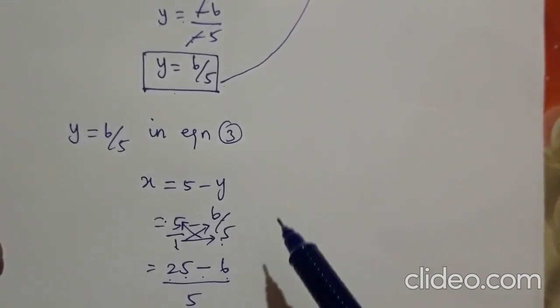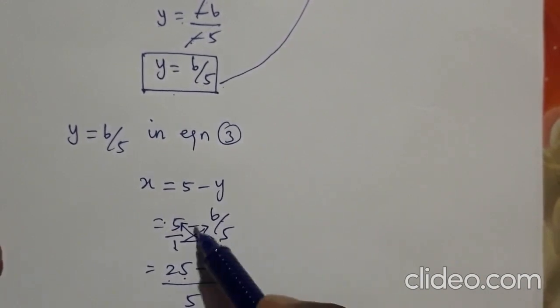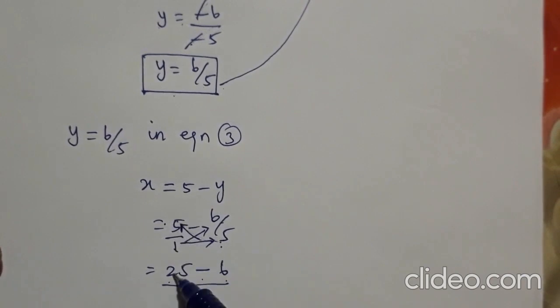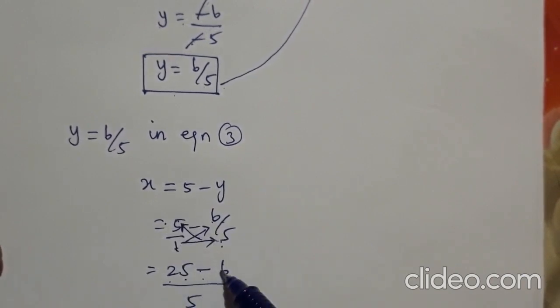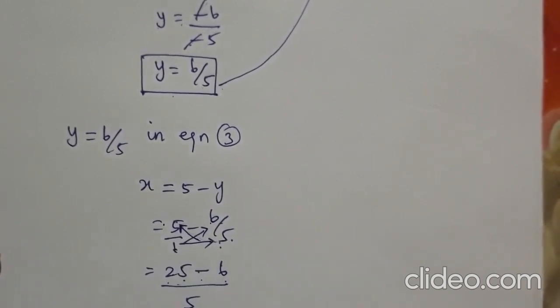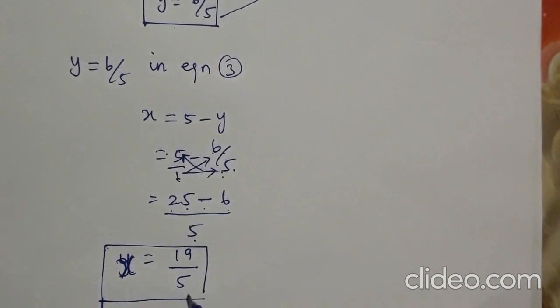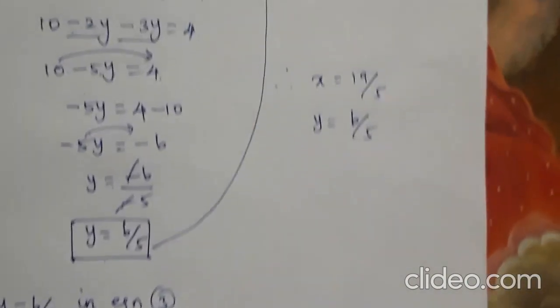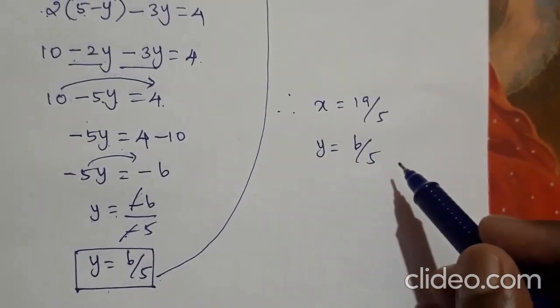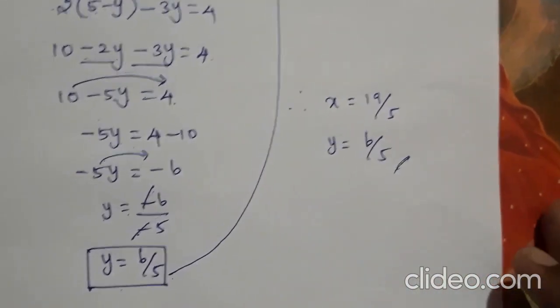If it is difficult to find LCM, just do cross multiplication. 5 5s are 25, 1 into 6, minus 6, divided by 1 into 5, 5. So next 25 minus 6 you will get 19 by 5. So the x value is 19 by 5, and the y value is 6 by 5. So we got the values.